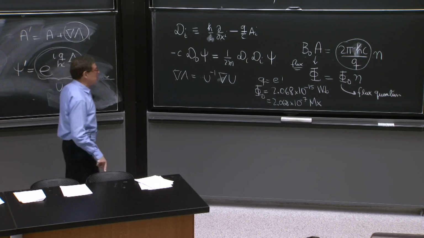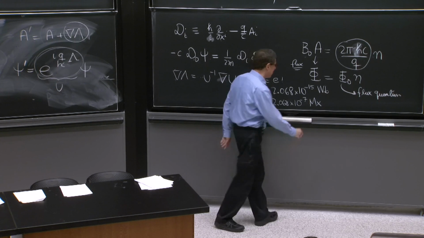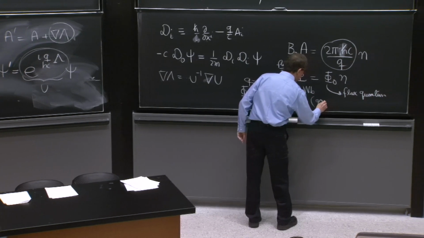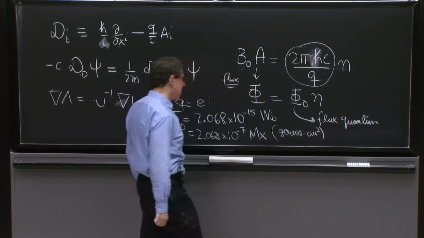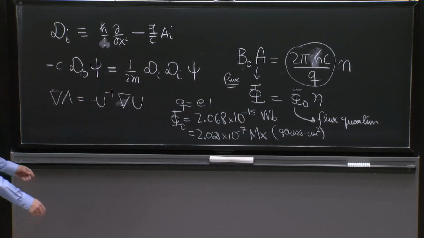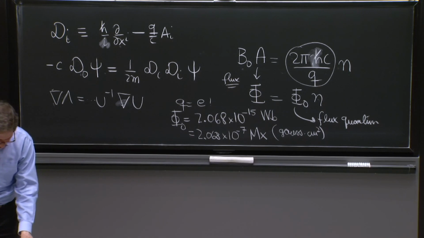The Maxwell is a more natural unit. A Maxwell is a Gauss times centimeter squared. You know, the magnetic field of the Earth is about half a Gauss, a centimeter square you can imagine, and that's the value of the flux quantum, which will have a role later for us.